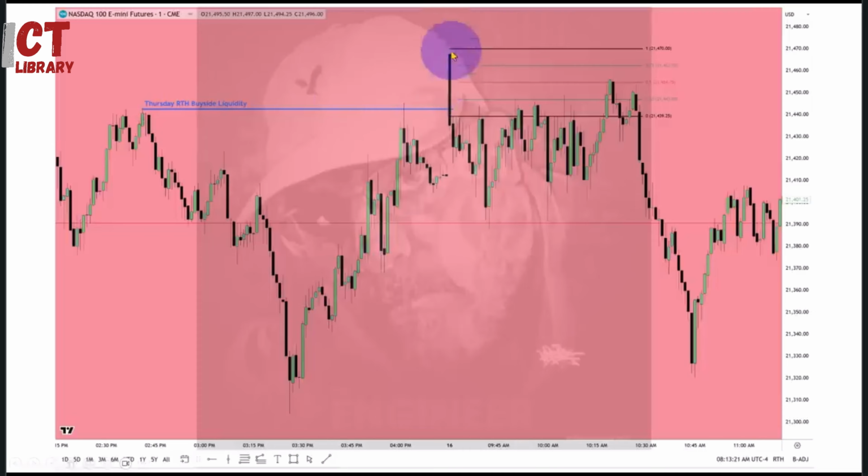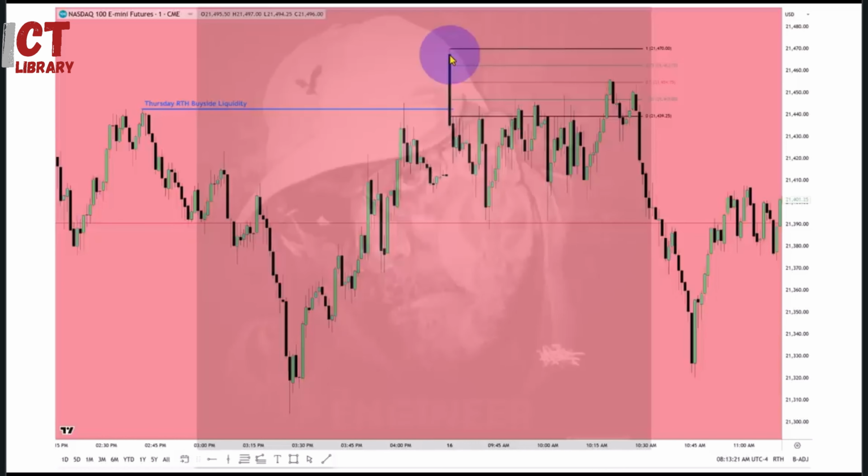And now with that opening here, we measure the opening range gap to find the consequent encroachment of that. As soon as we get the opening price right there, boom, you know that you're looking for a 70% likelihood it's going to pull back into that opening range gap, 50% of it. Okay, so that's important to understand.